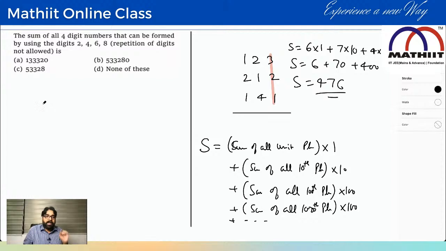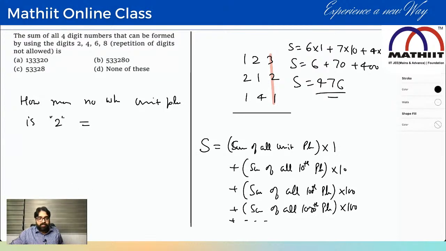Everybody, how many numbers are there where the unit place is 2?